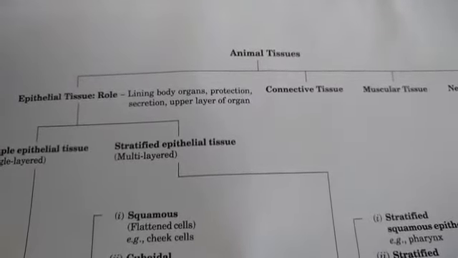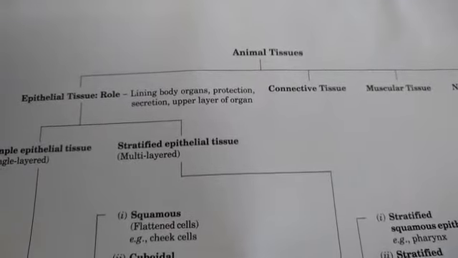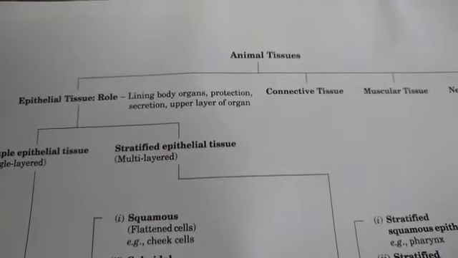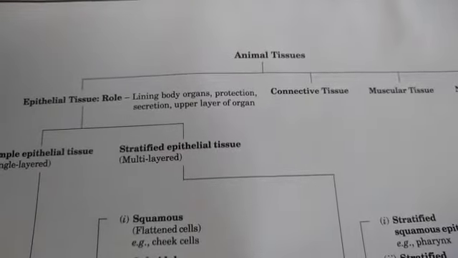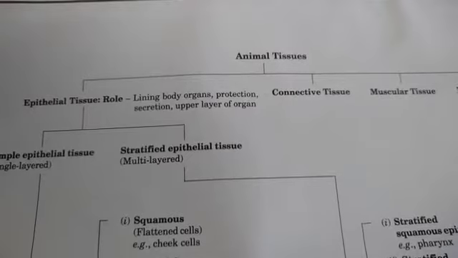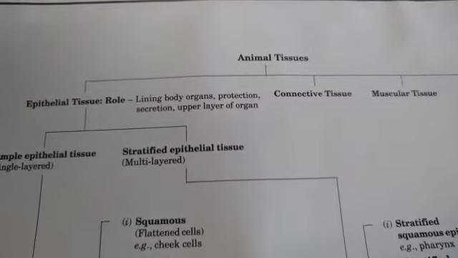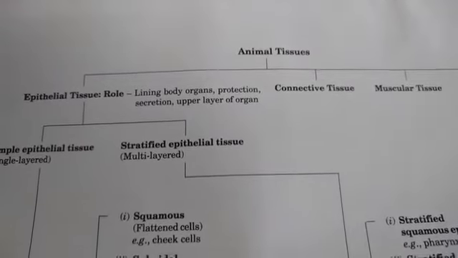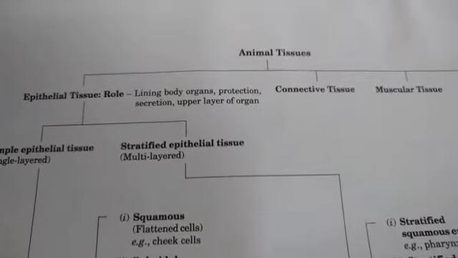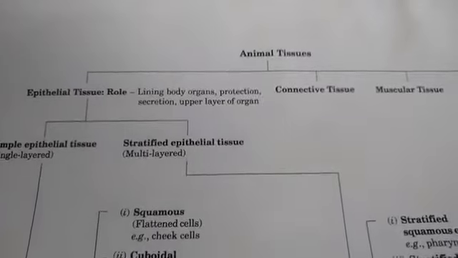So there is a requirement of a special tissue which locates the organs conformly, provides protection around them from jerks, conducts the materials, and provides internal support. That is called connective tissue.